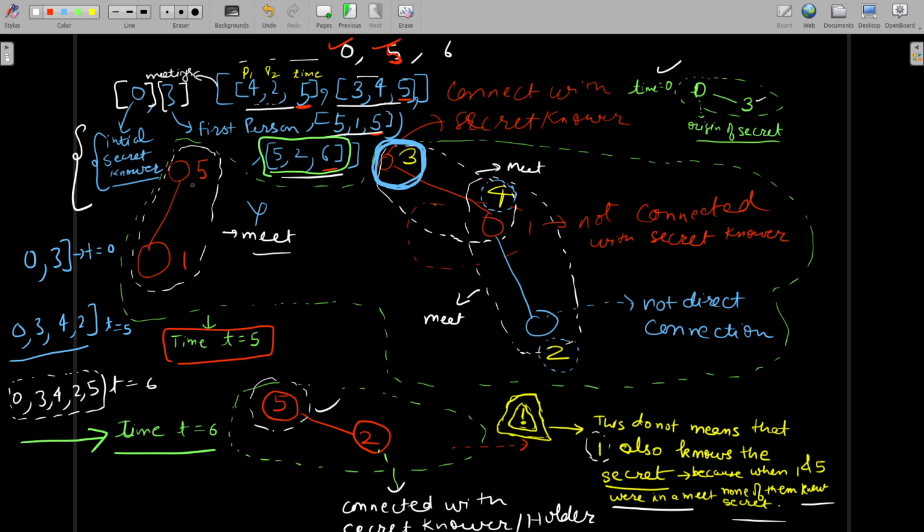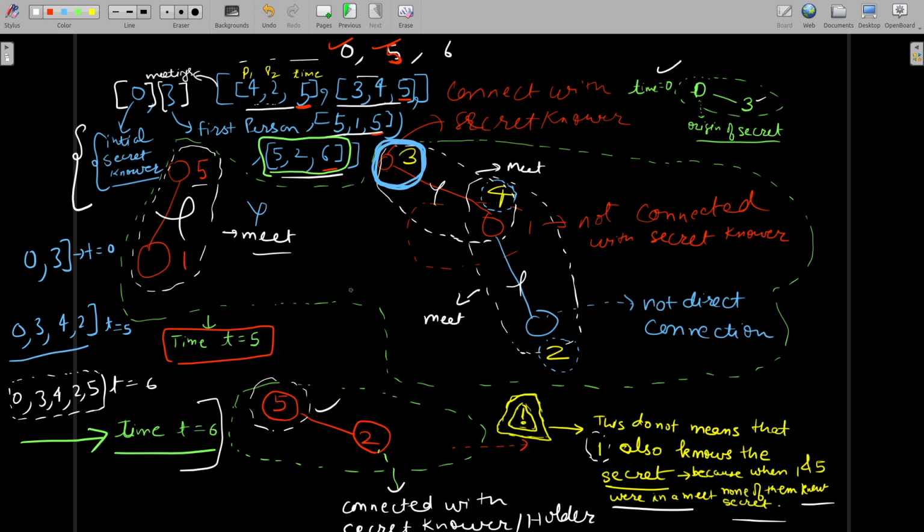Nobody knew the secret, so 1 cannot know the secret. This meeting is already over now when we are at time t is equal to 6. All of these meetings will be over at time t is equal to 6, so they will no longer be existing. So this is the whole scenario here.